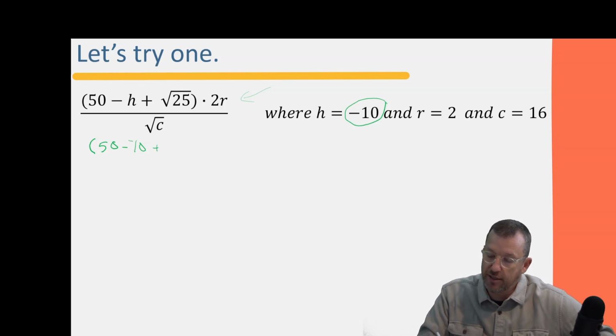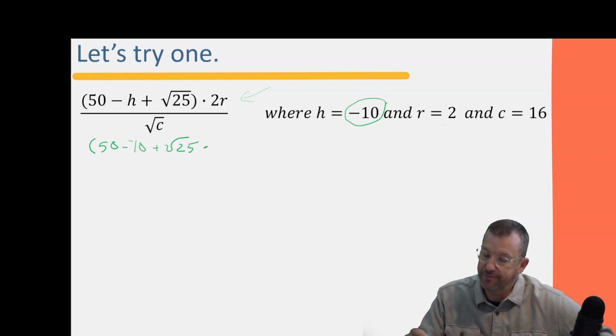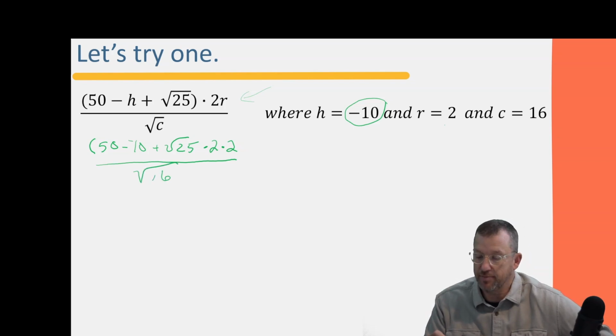So then we put plus, and we put square root of 25 times 2 times r. Okay, so we have 2 times r. Okay, and r represented 2. And then we go down here and do the bottom, and we have the square root of 16. So plug 16 in for c. All right, so now let's focus on doing the top and bottom separately, and then we'll do the division at the very end because we're going to divide those two expressions.